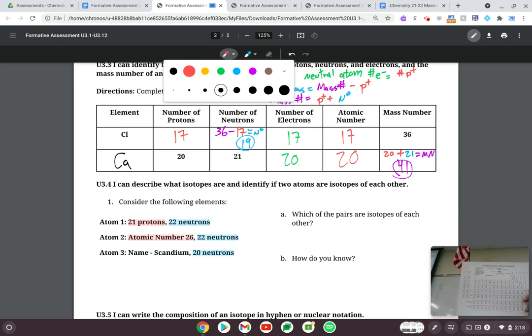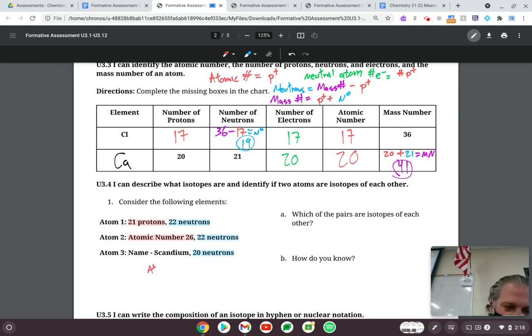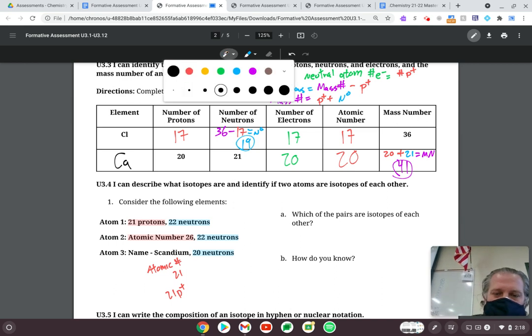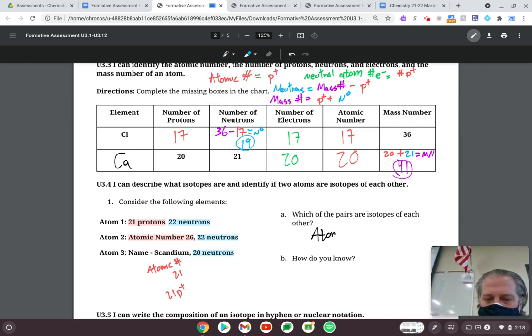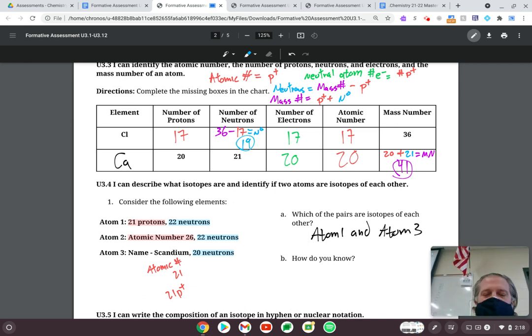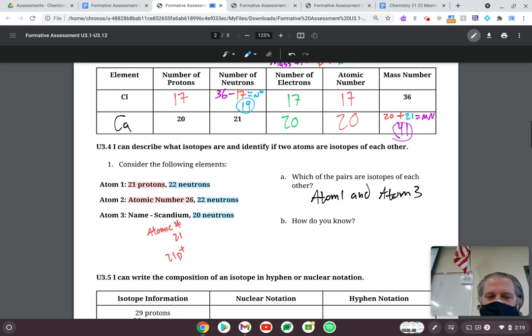And it's going to take me 85 minutes to find scandium, which is a lie, because scandium has element number, atomic number 21, which tells me that I have 21 protons, which tells me that the pairs of atoms that are isotopes of one another are atom 1 and atom 3.